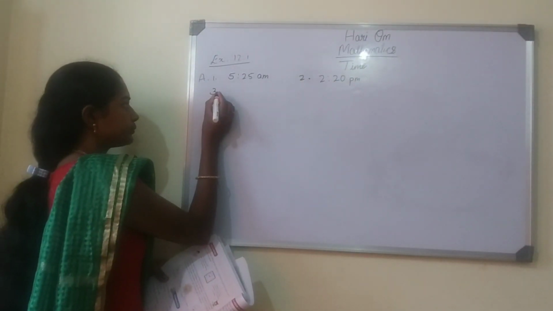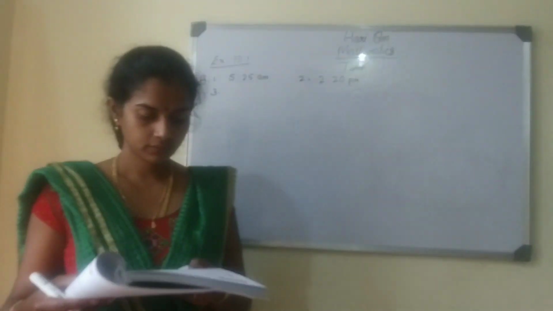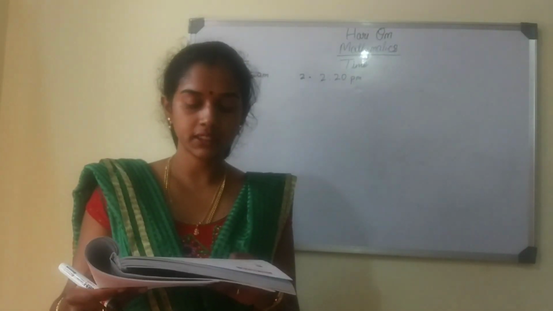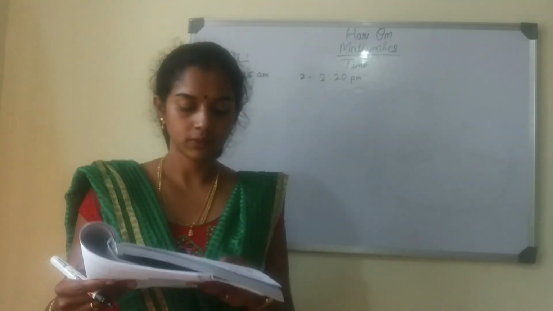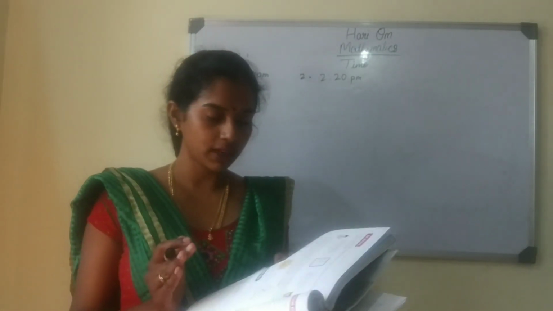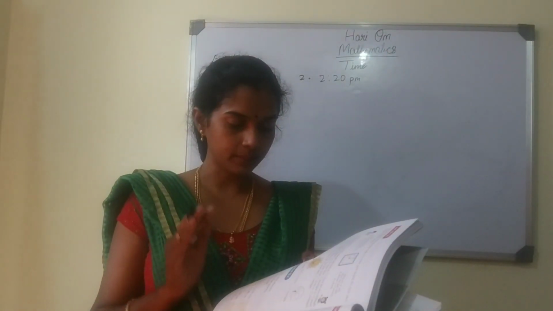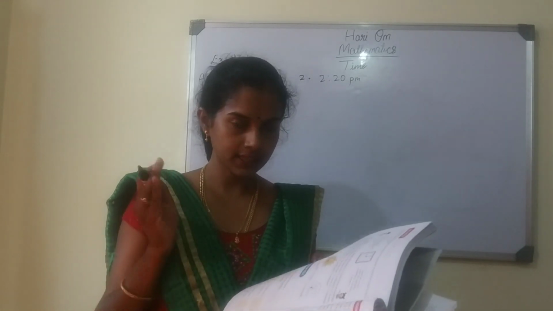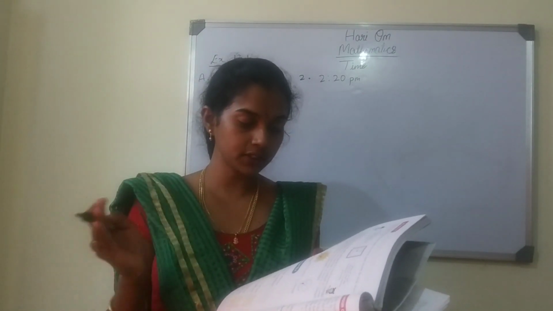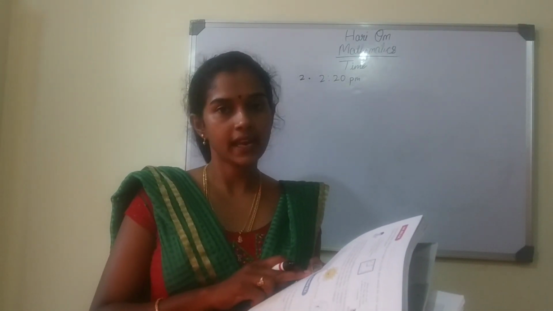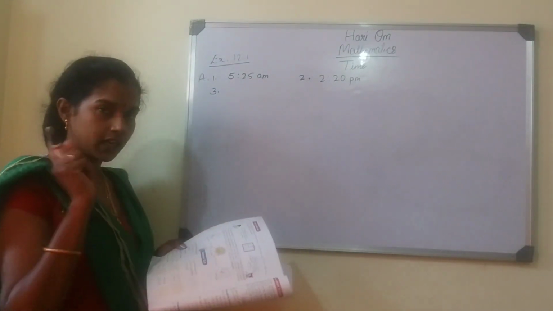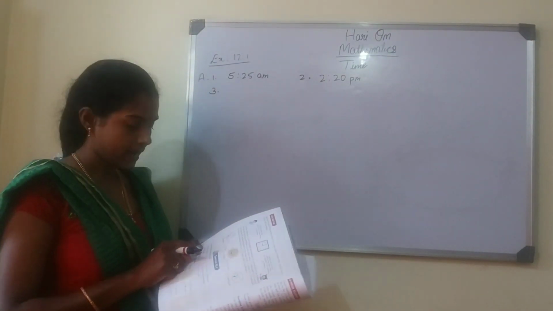Third one, 12 o'clock 30 minutes at night. Night till 12 o'clock it is PM. After 12 o'clock, that is midnight, it is AM. So night 12 o'clock 30 minutes is AM.